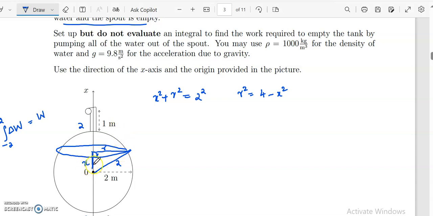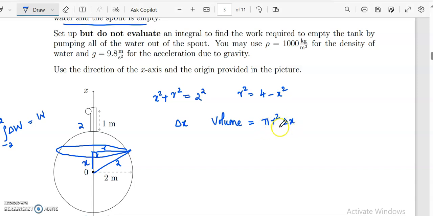Now let us take this slice to have a height delta x. So we are having a slice of very small height. Then if delta x is the height of the slice, this will represent a very small cylinder. So its volume is going to be equal to pi r square into delta x.